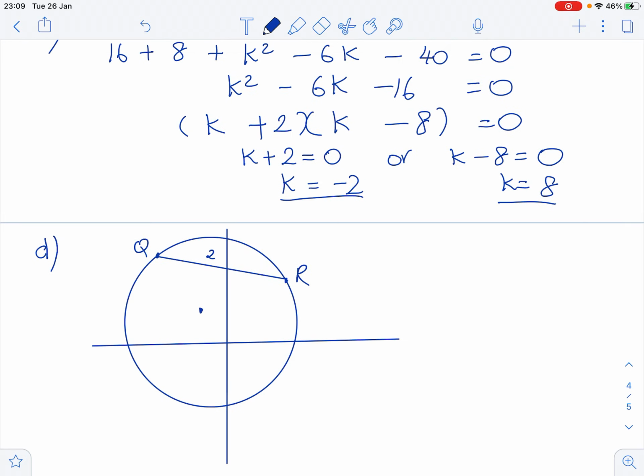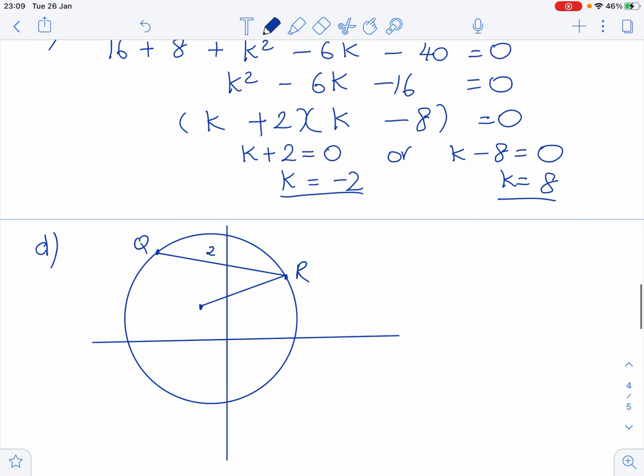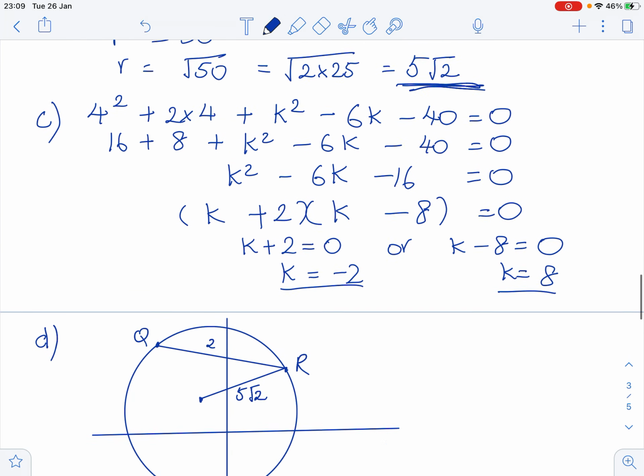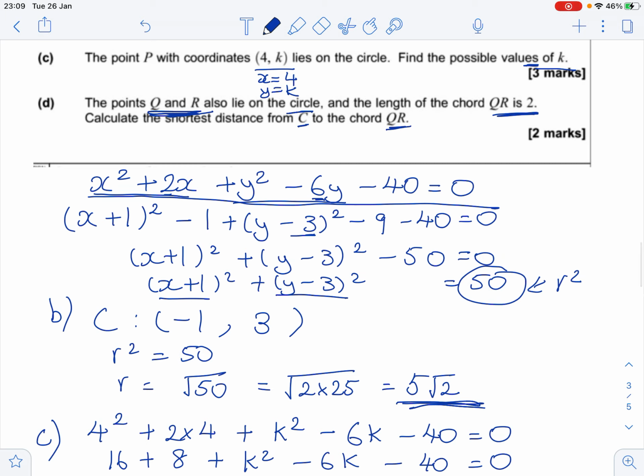And we know the radius from part B is 5 root 2. Then we are asked to calculate the shortest distance from C to chord QR.